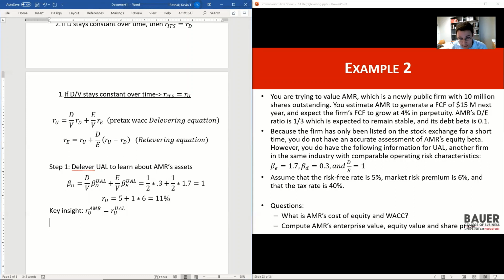That brings us to the second step, relevering. Once we know RU for AMR, we can figure out what their discount rate is on their equity.